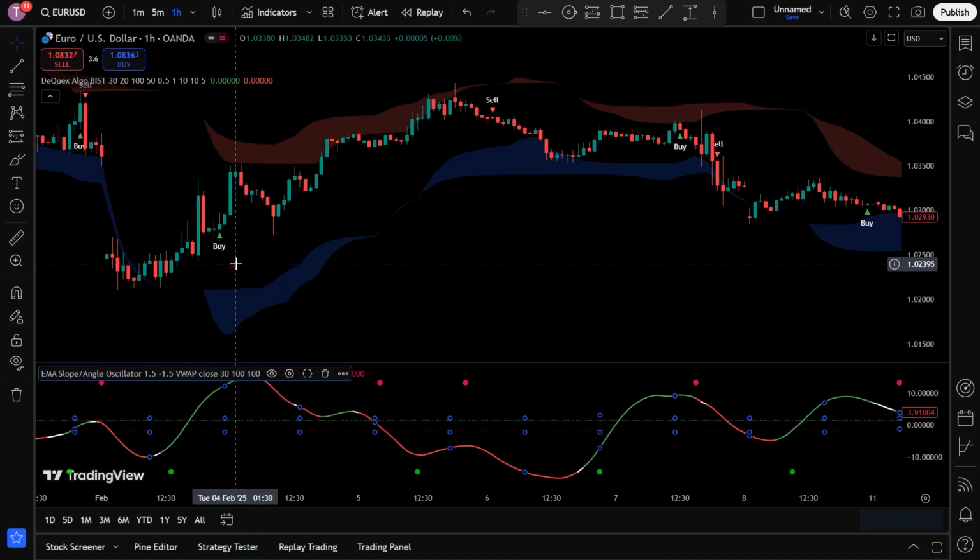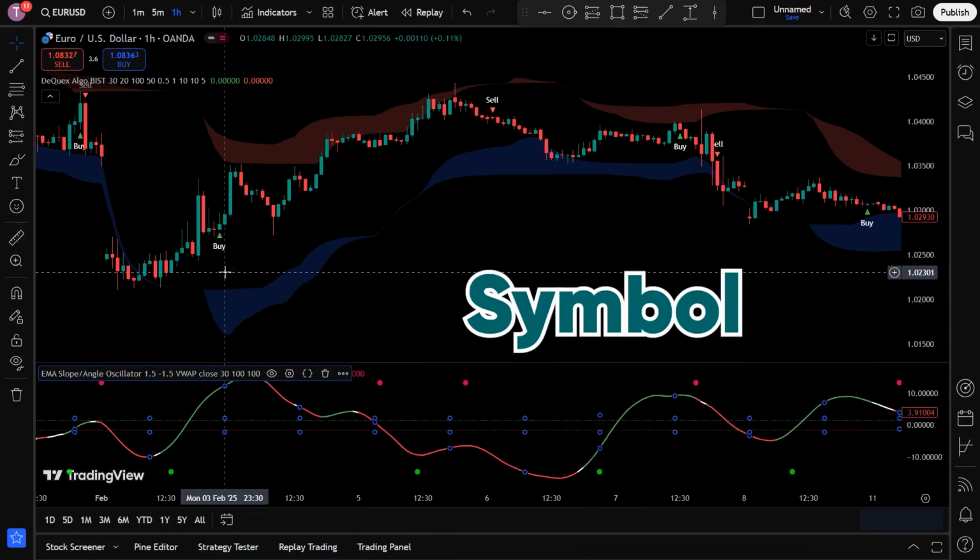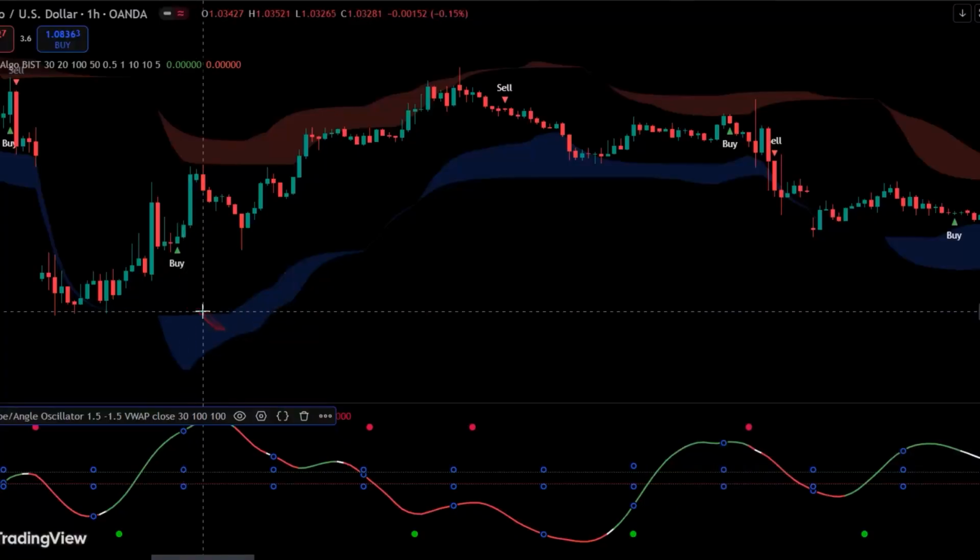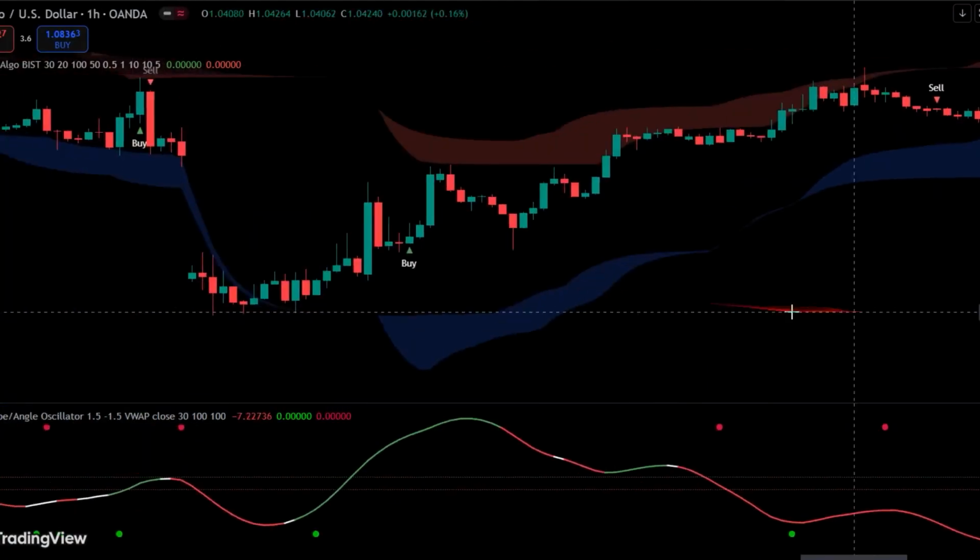Alright, now we are changing both the time frame and our symbol. Now it's time to adjust the settings of both indicators and apply the specific settings for this time frame on them. Now we can look for buying and selling opportunities.